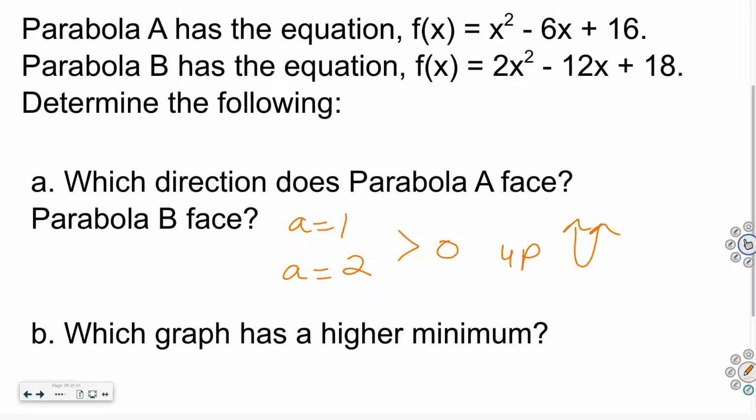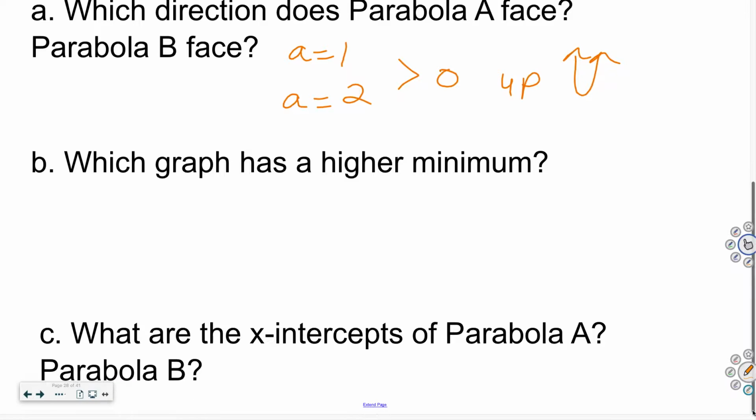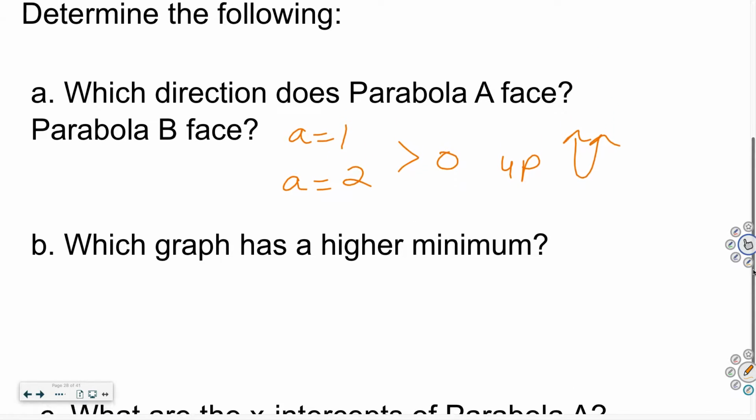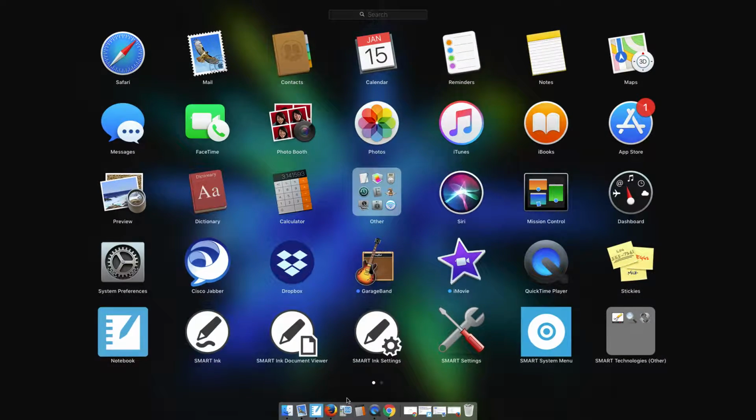Okay, which one will have a higher minimum? Well, we have to go into the calculator to find the minimums for those. And what are the x-intercepts of parabola A? We're going to find the minimums of these two functions, and I'll do that with the calculator.